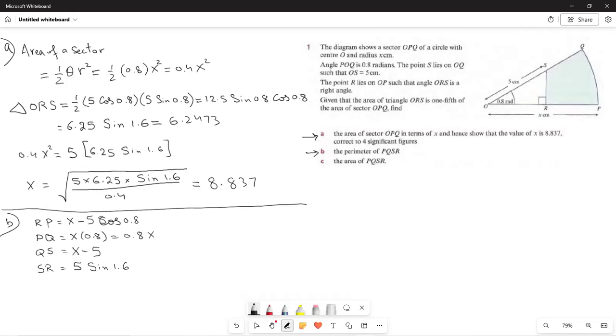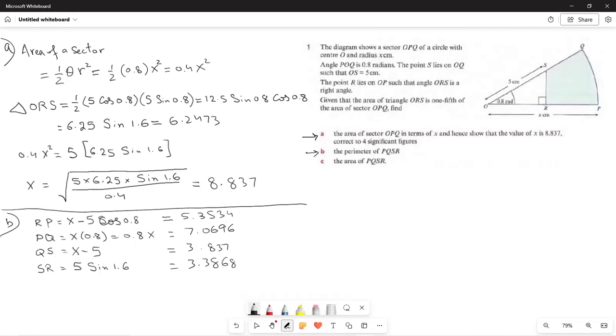Now this is all very easy. You substitute the value of x from here and do all this calculation using your calculator. So RP is 5.3534, and PQ, which is 0.8x, came out to be 7.0695. Similarly, QS is going to be 3.837, and finally SR, which is 5 sine 1.6, is 3.3868.